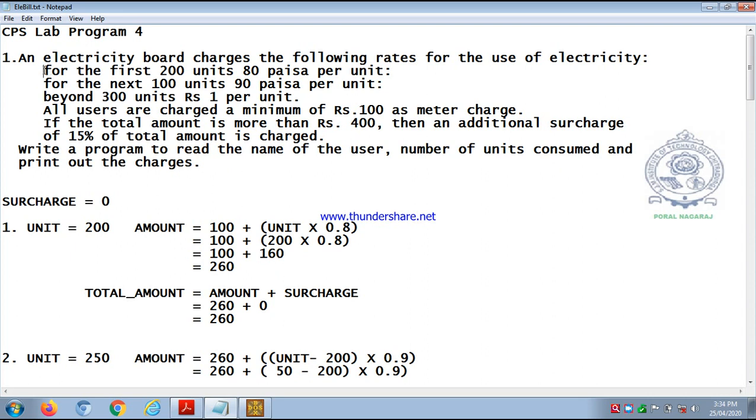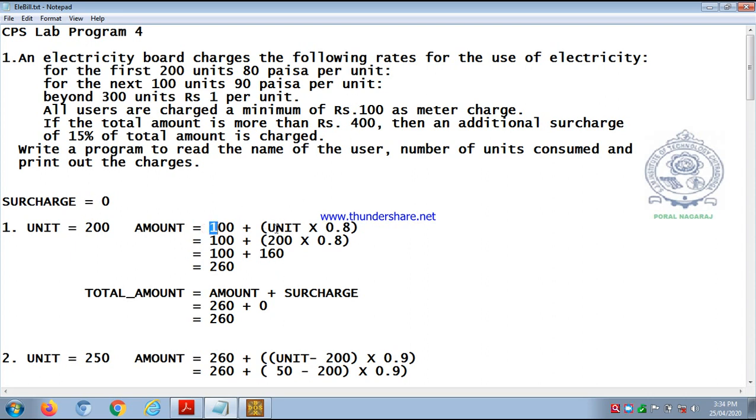First case I am going to take: for the first 200 units, 80 paisa per unit. Suppose unit is equal to 200, means 200 units of power is consumed, then how is the amount calculated? Amount is the output here, unit is the input. How to calculate the amount?